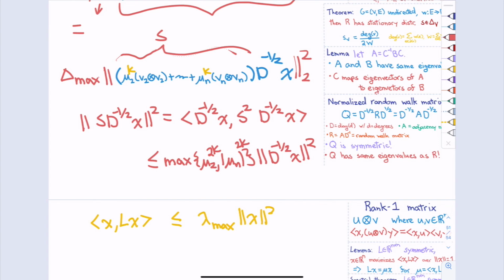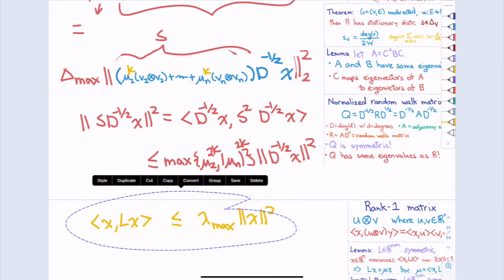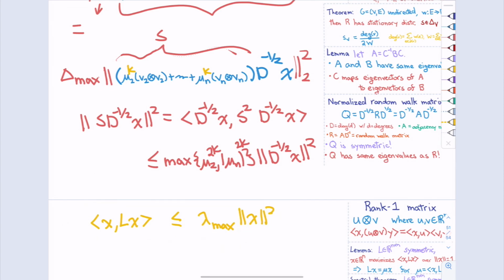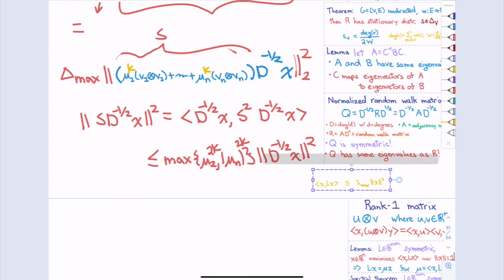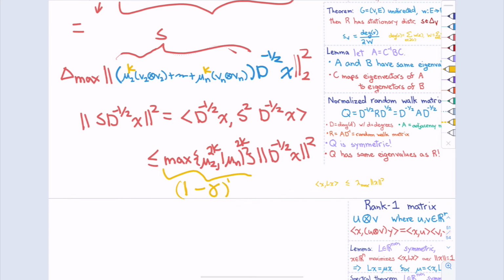All right, so that's good. Make that disappear somehow. Okay, so this is our spectral gap, 1 minus gamma to the k, where gamma was, yeah, okay.